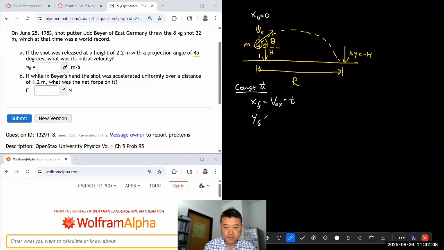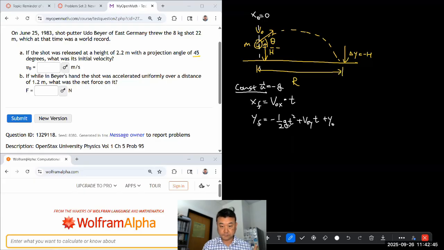The y final is equal to, for projectile motion, a equals minus g, downward at g, so it's minus 1/2 g t squared plus the y component of initial velocity times time, and I guess you do need the initial y height. Yeah, I think that's all I need. From this equation I can get time, plug it in here, get r.